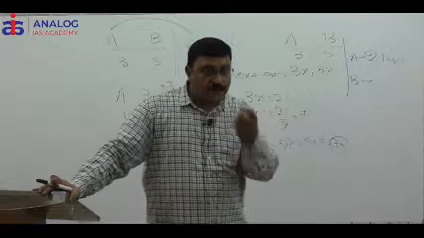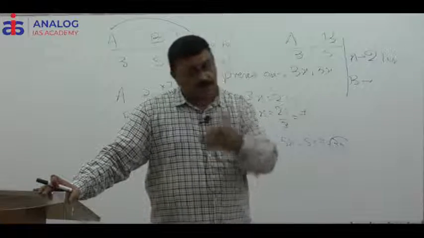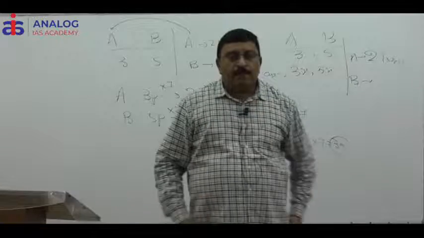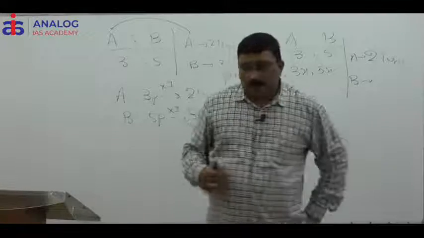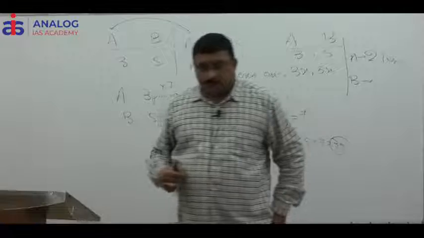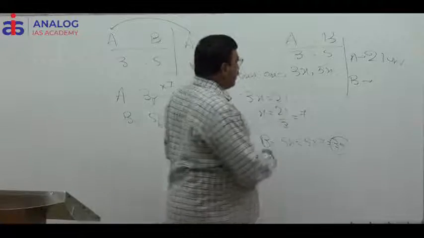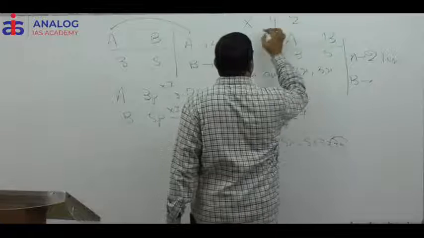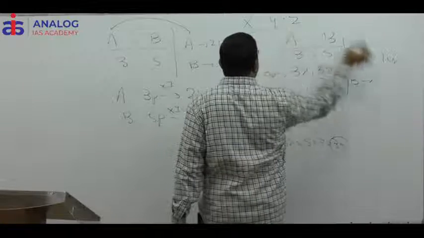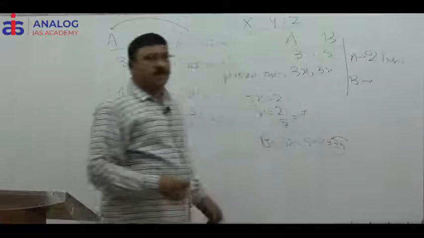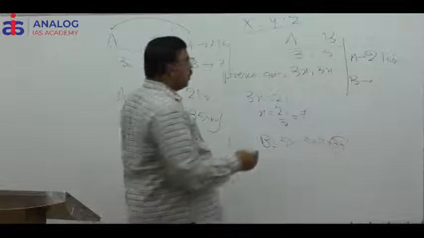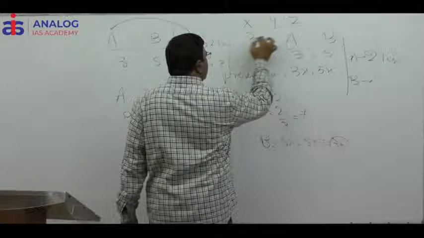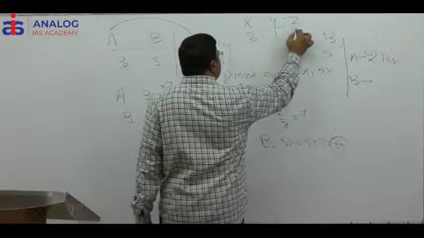Okay. Now, you try. Depending on the data, you select or segregate the data. Take this one. An amount is divided between X, Y and Z in the ratio 3 is to 1 is to 2.